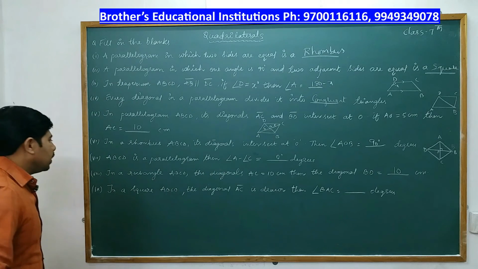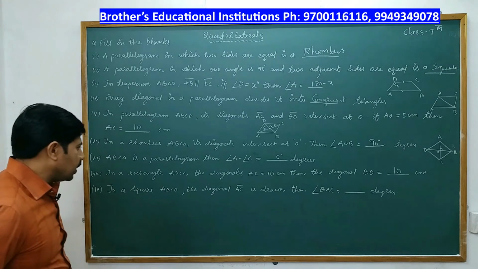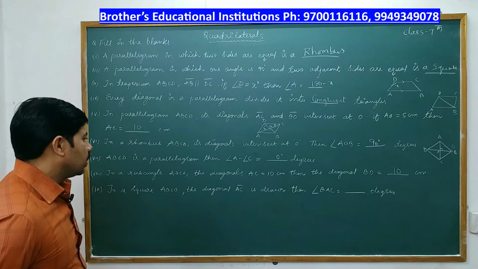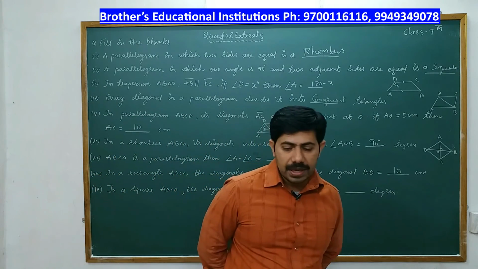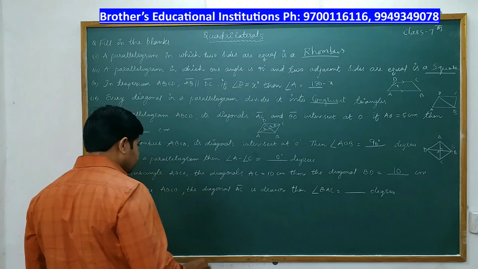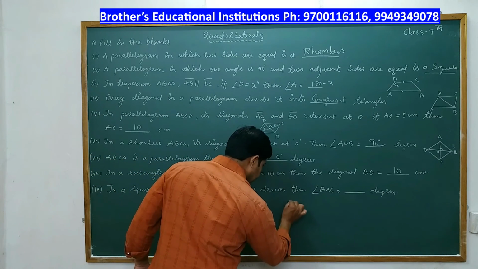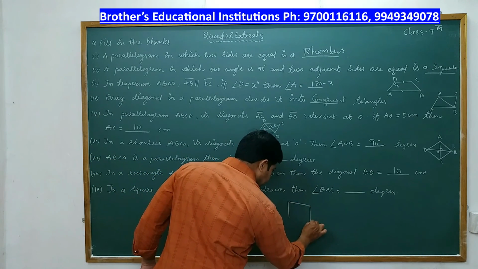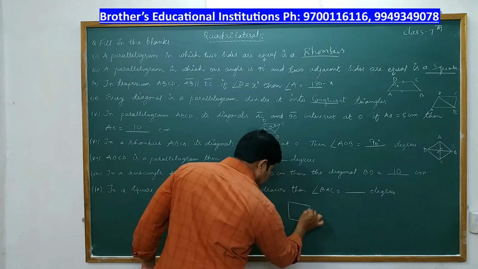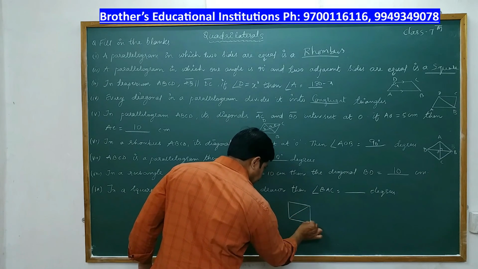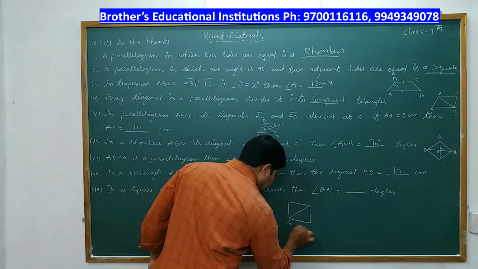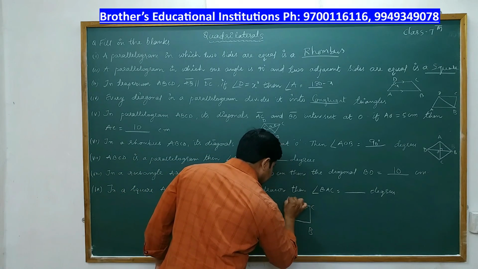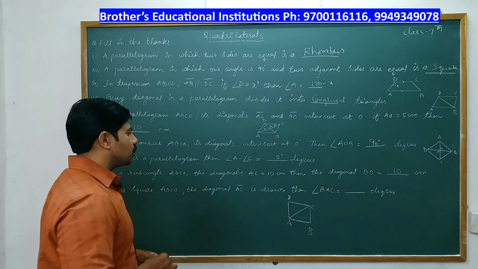Then after that, in a square ABCD, the diagonal AC is drawn, then what is angle BAC? In a square, all sides are equal. Represent it as ABCD, and AC is drawn.